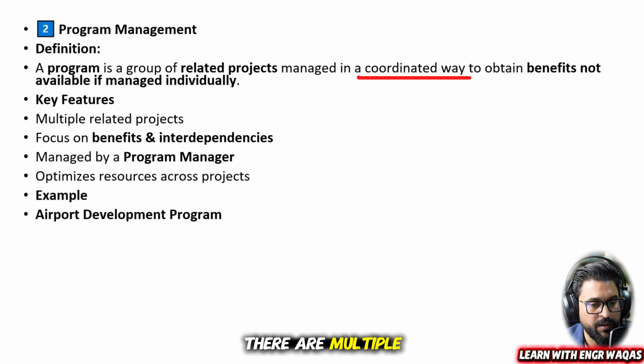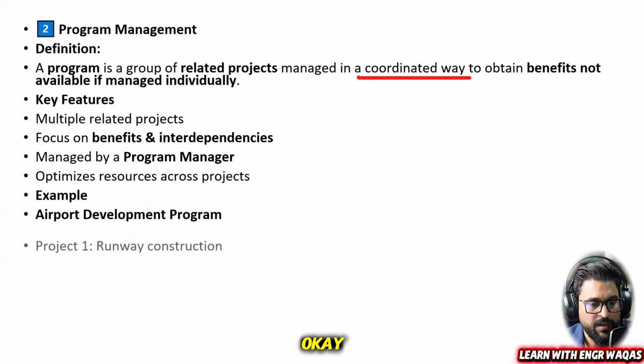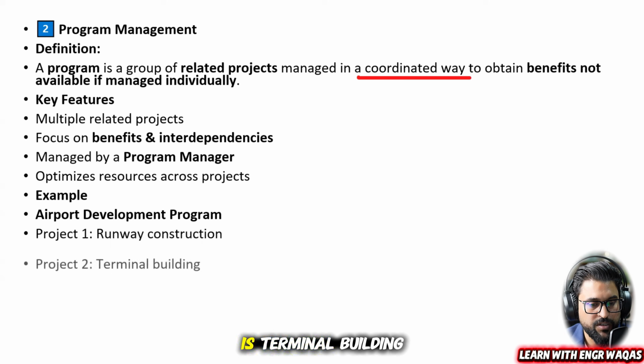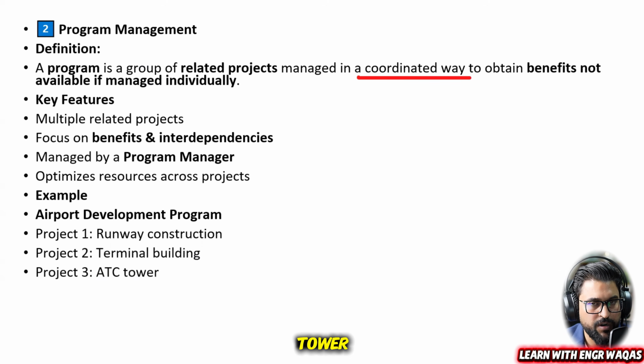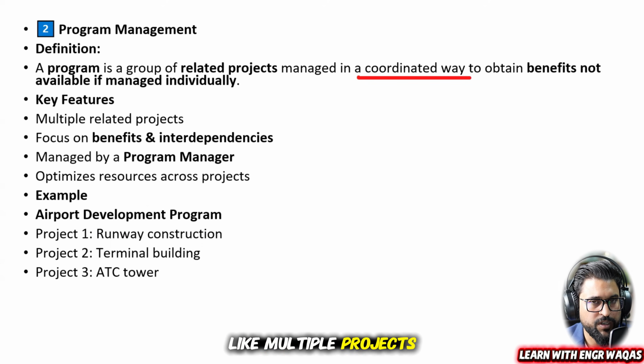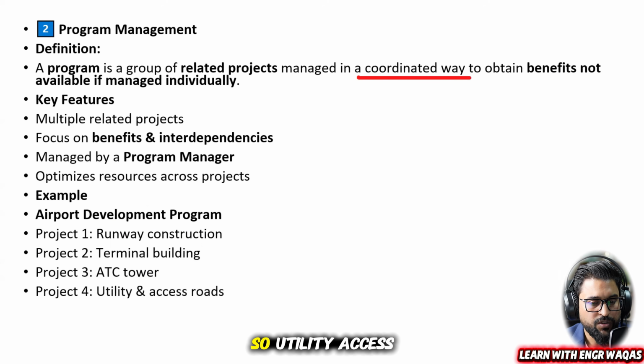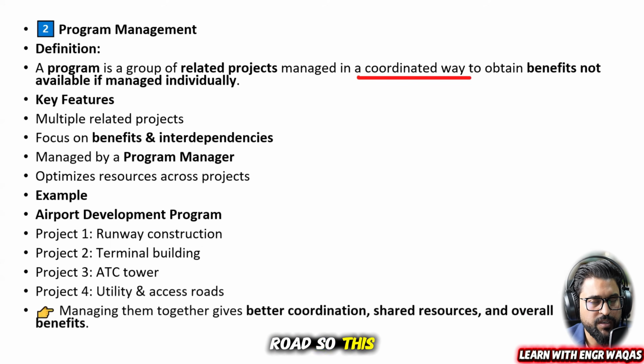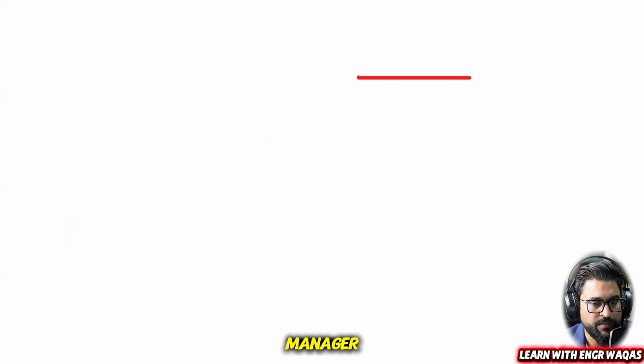Examples, there are multiple: airport development program, runway construction, terminal building, ATC tower. If you consider the airport as a program, I have given you another example like multiple projects within the same city, utility, access road. So this is program level, right? And managed by a program manager.